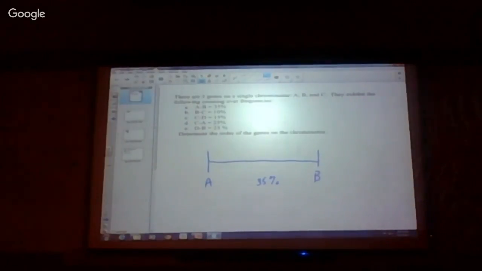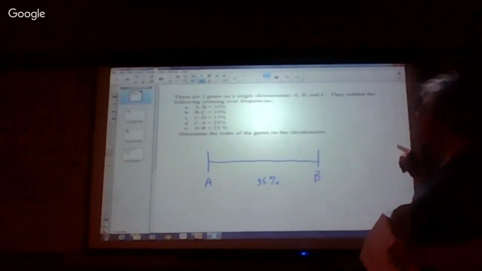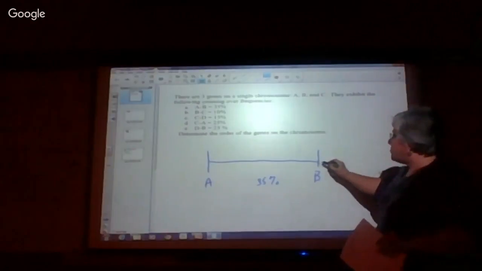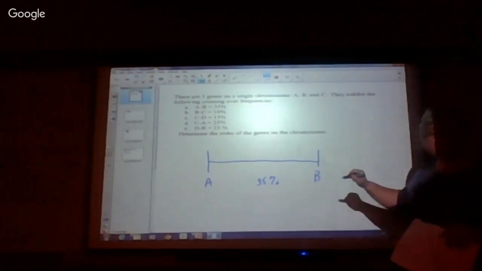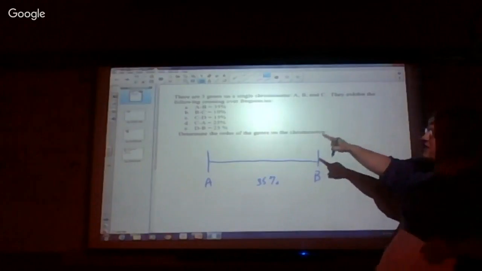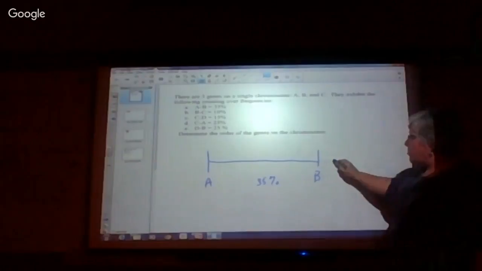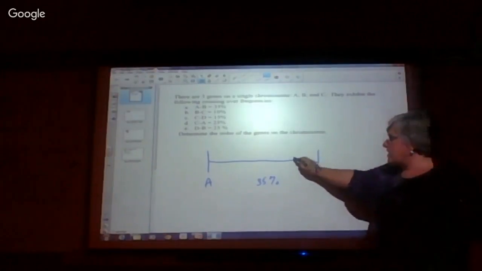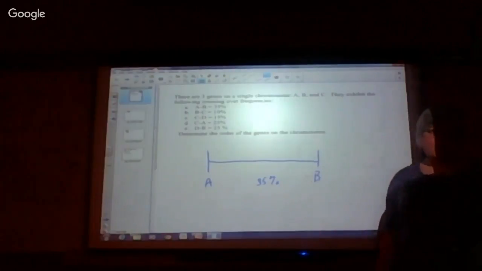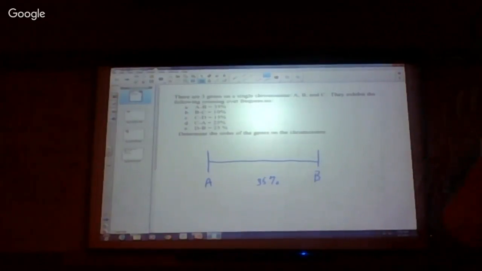Okay, so if we take a look at B and C, C can either go 10 map units, and remember each percent is a map unit. So between B and C, you have 10 map units, right? So we can either go over here for 10 map units, or we can go over here for 10 map units. And that's where you have to look at everything and see how it's going to fit.